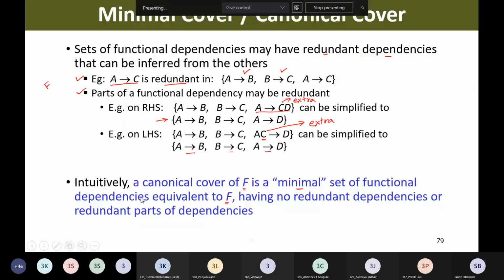So we are going into the details. A canonical cover of a set of functional dependencies F is a minimal set of functional dependencies equivalent to F, having no redundant dependencies or redundant parts of dependencies. So if my original set is F and the simplified set is C, the closures of both these sets are the same.